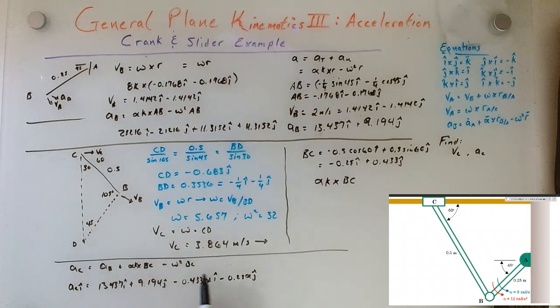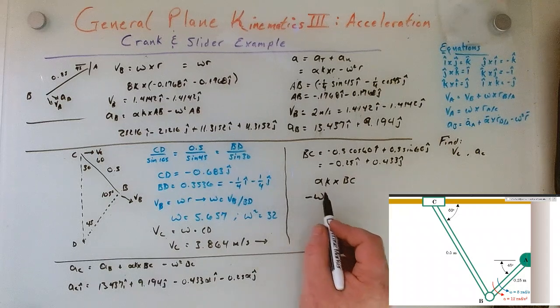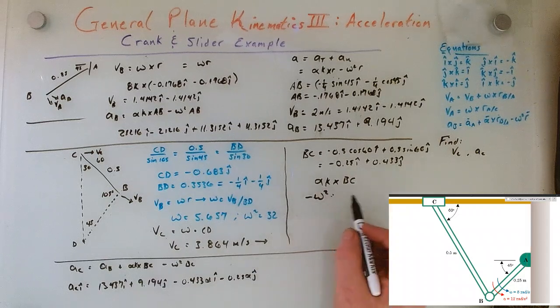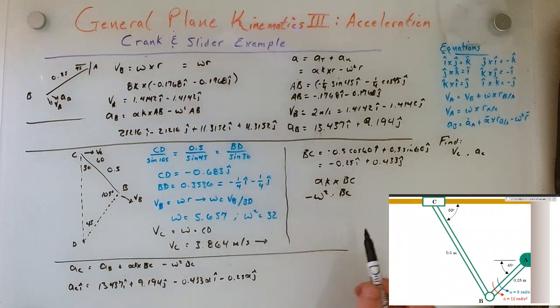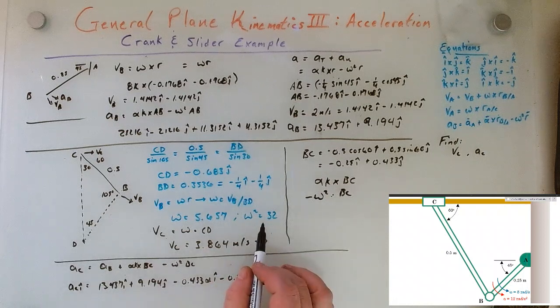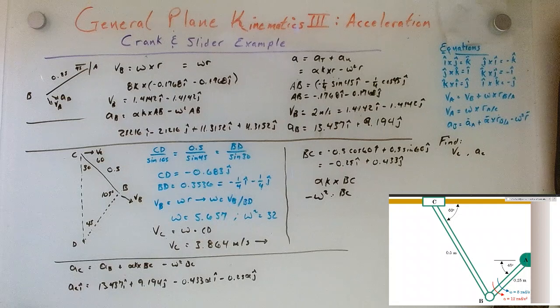and then we've got minus omega squared BC, so minus omega squared times BC, okay, and omega squared is 32, so 32 times 0.25 is 8.